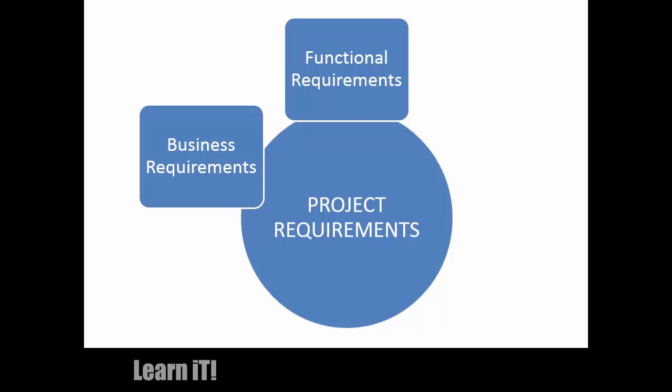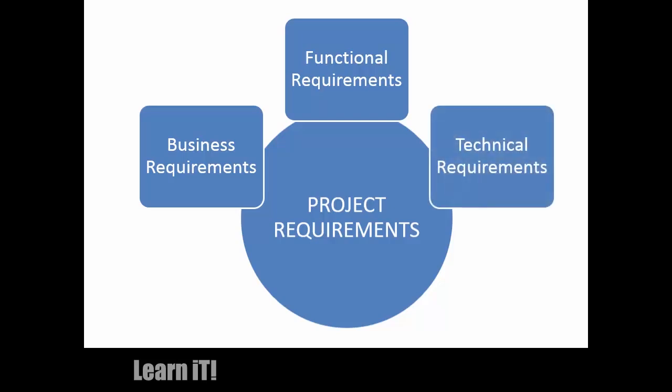Just because you have a big list doesn't mean that you actually can build that project. That's where the technical requirements come in. What's required to actually build the project? When you write all of these down and very carefully plan, now you know a lot about the project that you're about to embark on, and you have what's officially called a requirements document.